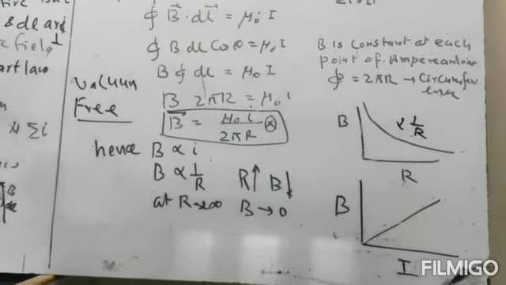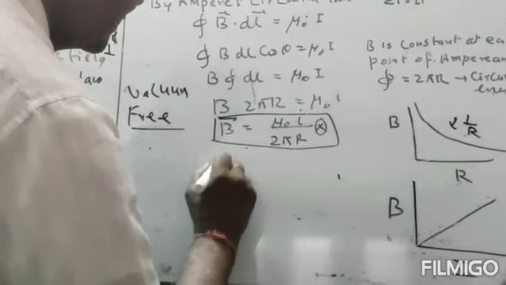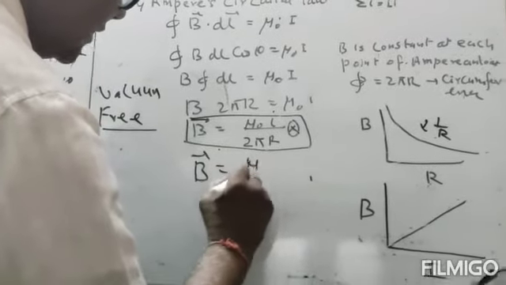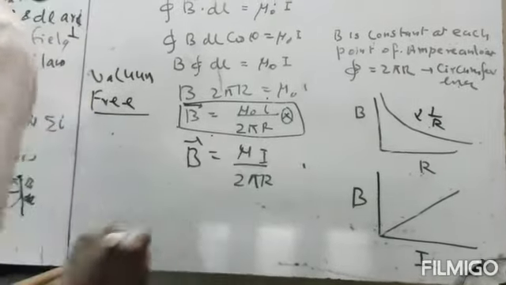If a medium is there, then B will be equal to mu divided by 2 pi R into I.